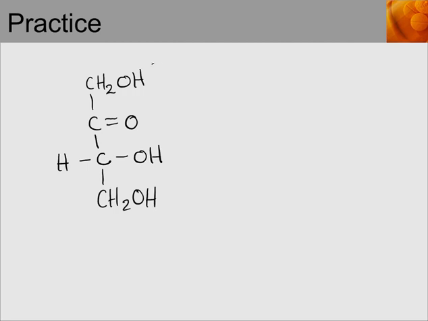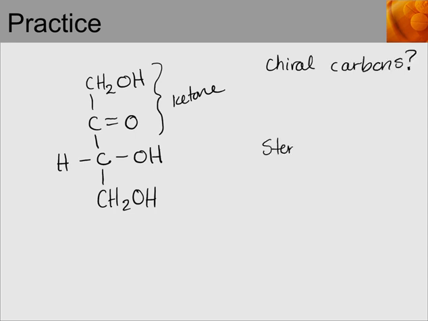All right, so notice that we've got a ketone here instead of an aldehyde. So see if you can identify how many chiral carbons there are and how many stereoisomers exist for this molecule. So pause the video, see if you can figure it out on your own first, and then we'll go over it together.